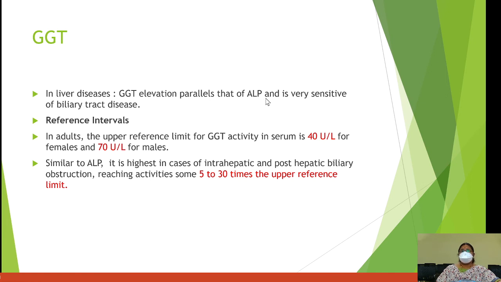So GGT elevation is a very sensitive indicator of biliary tract disease. In adults, the upper reference limit of GGT activity in serum is 40 units per liter for females and 70 units per liter for males.